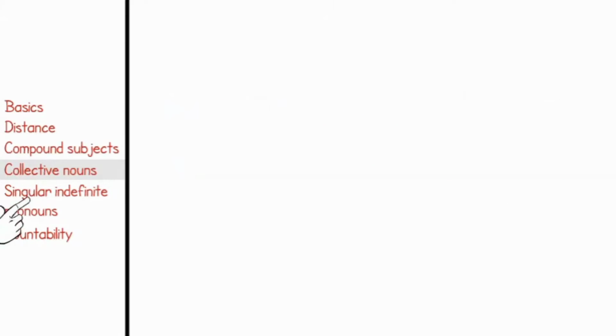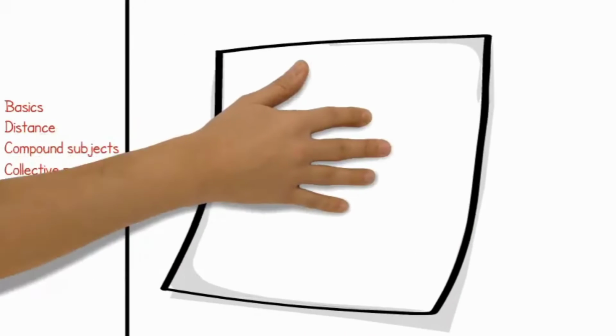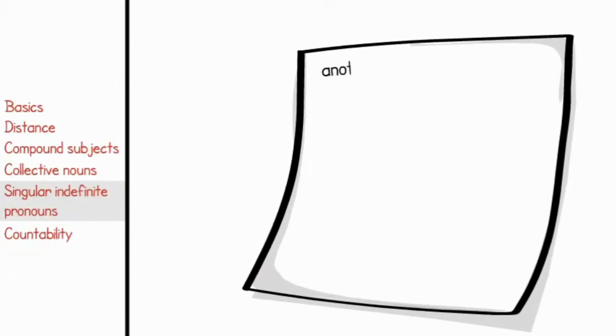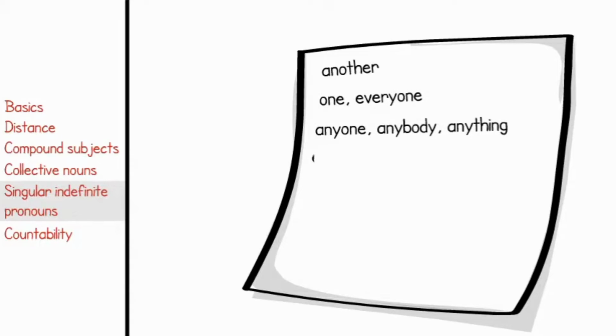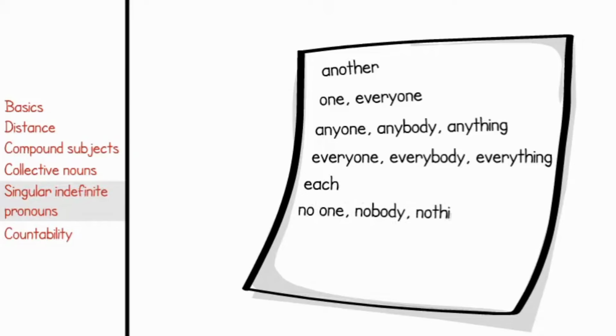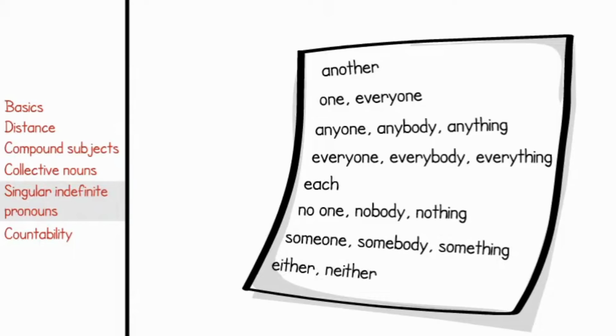Now let's turn our attention to singular indefinite pronouns. These include another, one, everyone, anyone, anybody, anything, everybody, everything, each, no one, nobody, nothing, someone, somebody, something, either and neither. Because these words refer to only one thing, the verb should take the third person singular form.